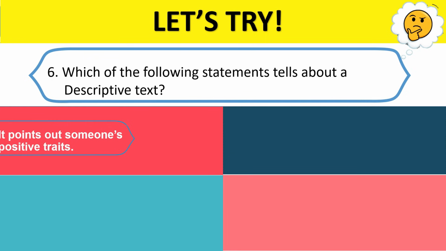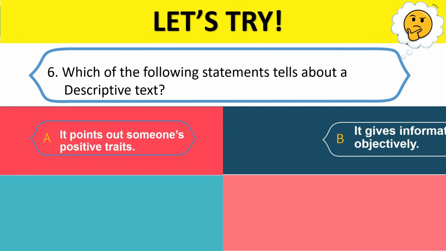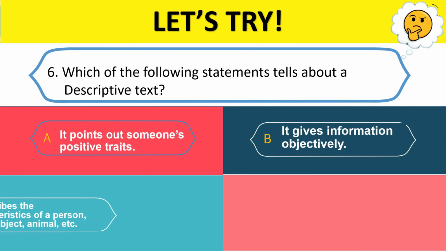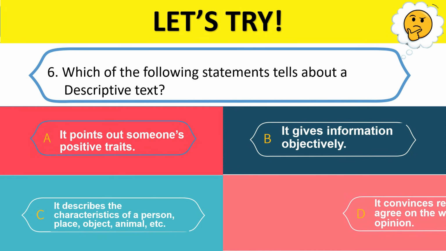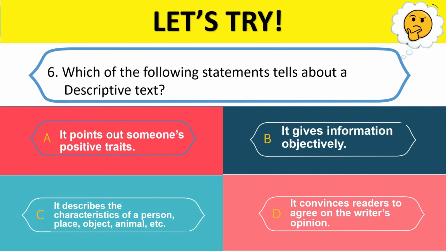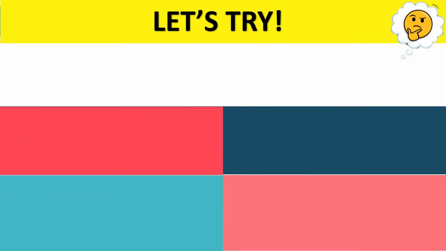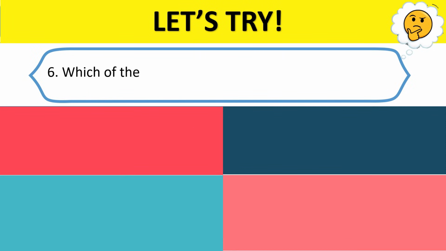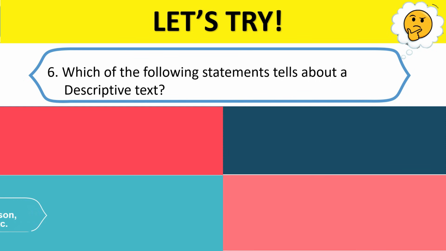A. It points out someone's positive traits. B. It gives information objectively. C. It describes the characteristics of a person, place, object, animal, etc. And letter D. It convinces readers to agree on the writer's opinion. What do you think is the correct answer? The correct answer is letter C.